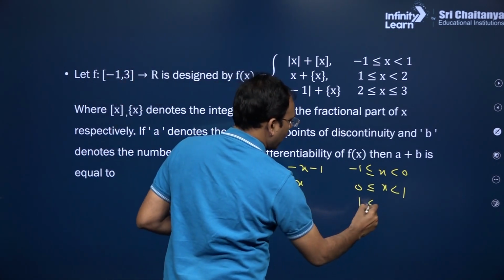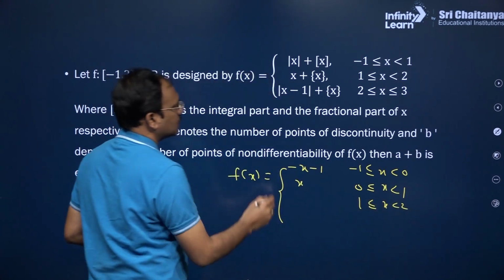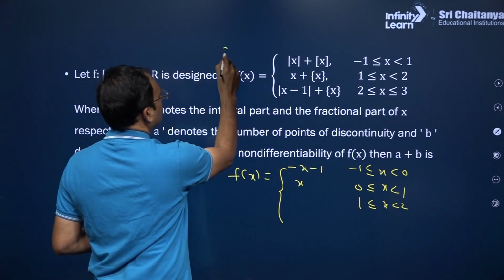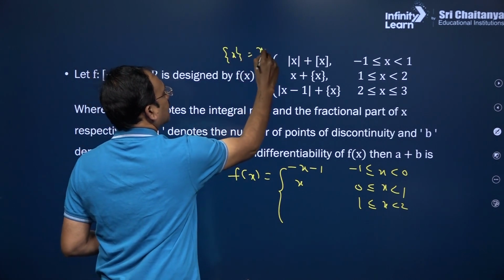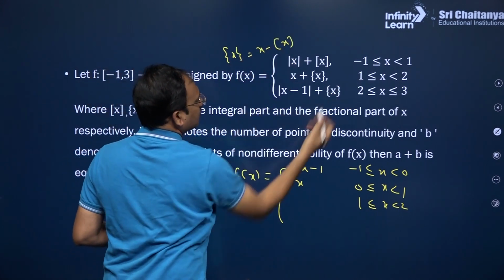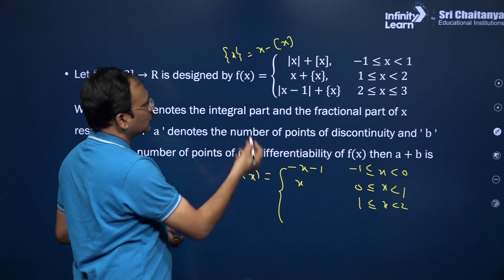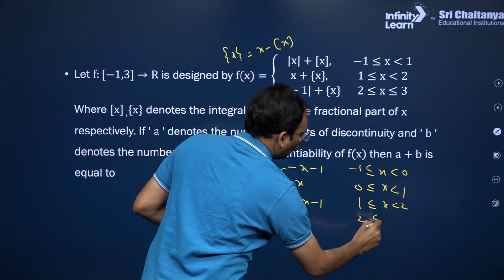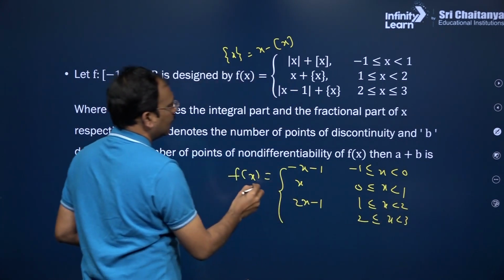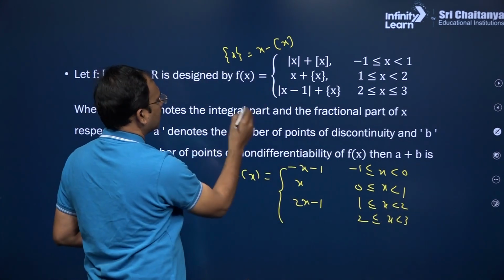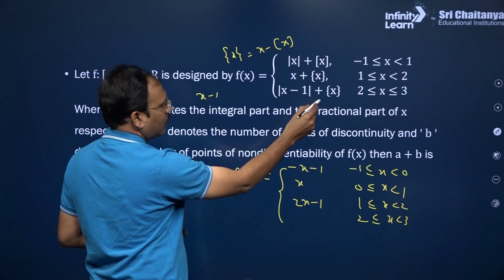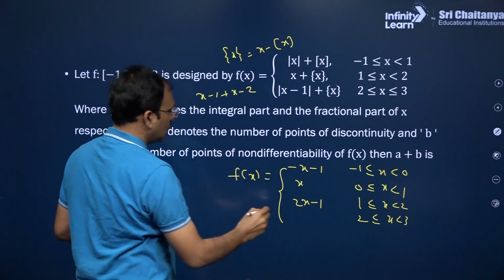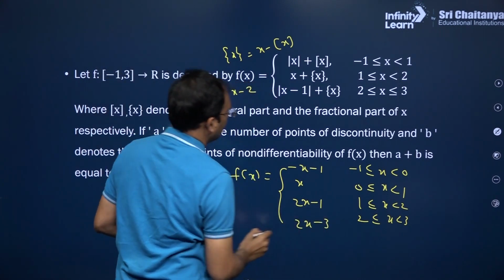When x is from 1 to 2, the fractional part of x is x minus the step function of x, which is 1, so it is 2x minus 1. For 2 to less than 3, x is more than 2, so mod x minus 1 is x minus 1 itself, and the fractional part is x minus 2, so that is 2x minus 3.